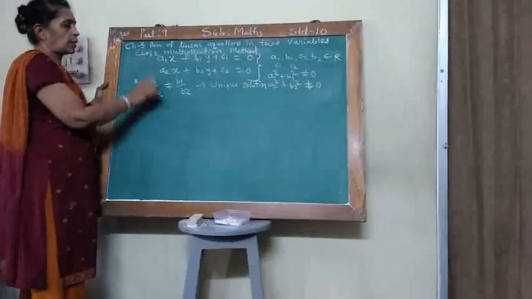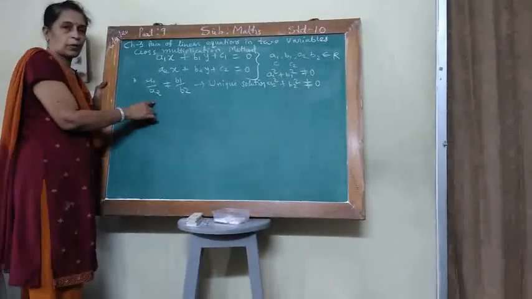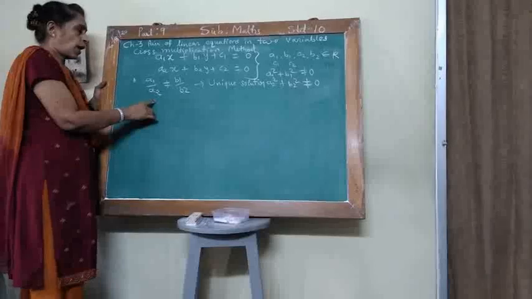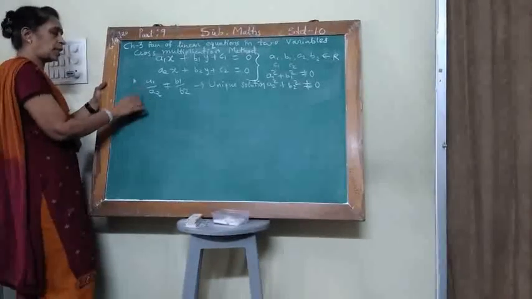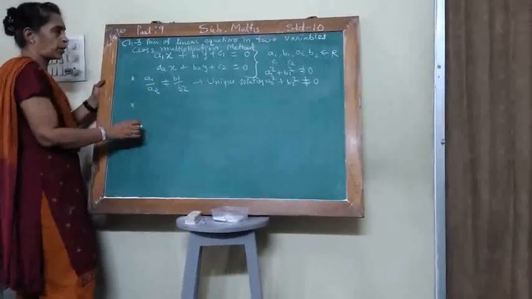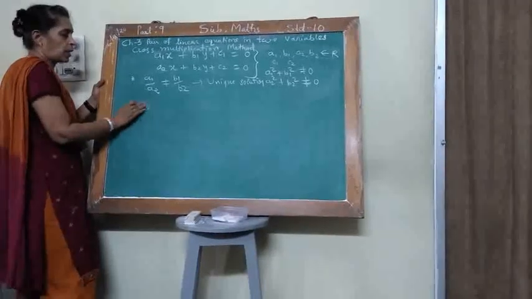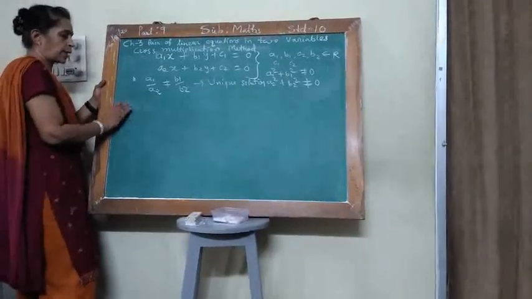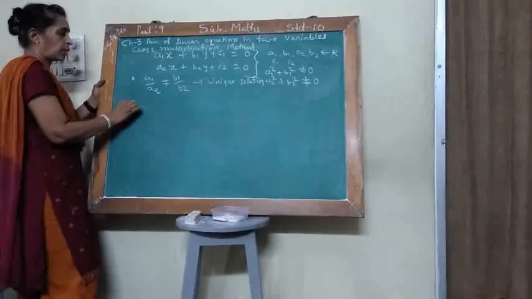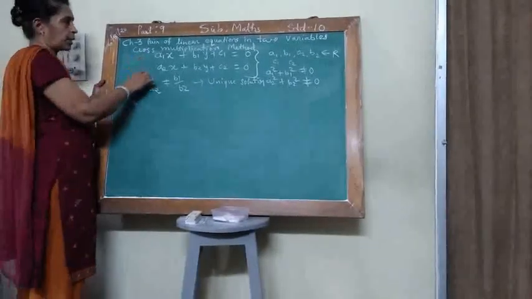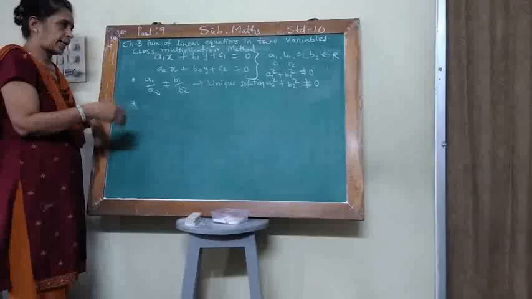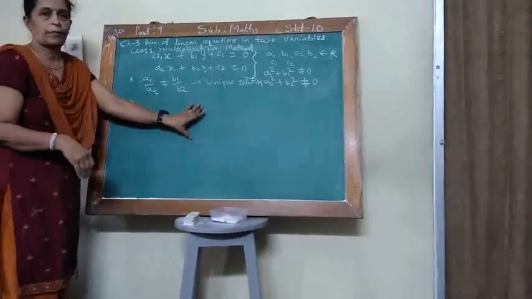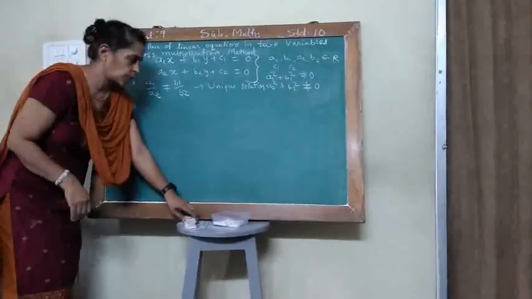So this method is only applicable for a unique solution. Clear? And suppose you don't check like this and directly apply the cross multiplication method; that topic I first explain the cross multiplication method and then I discuss the infinite and no solution cases.